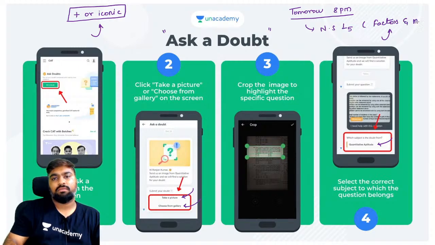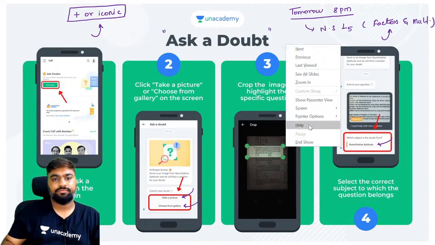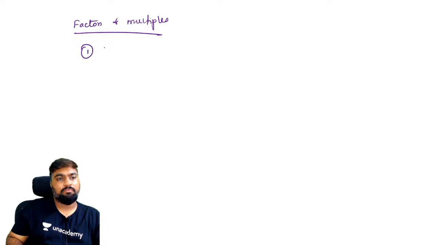Yes, a very important session. Under factors and multiples, we'll be finding the number of factors of any given number.